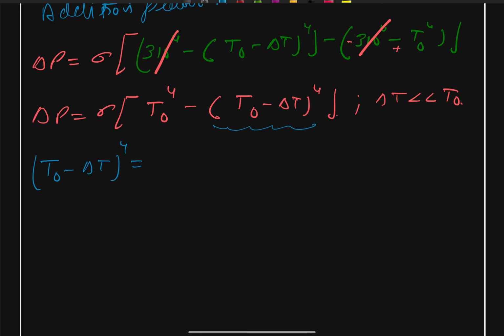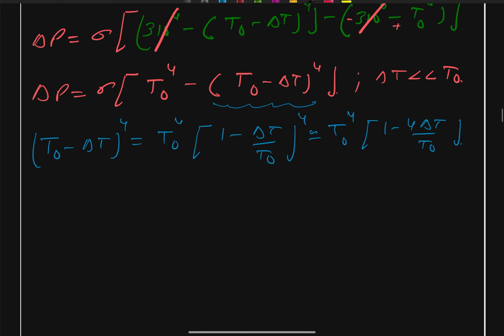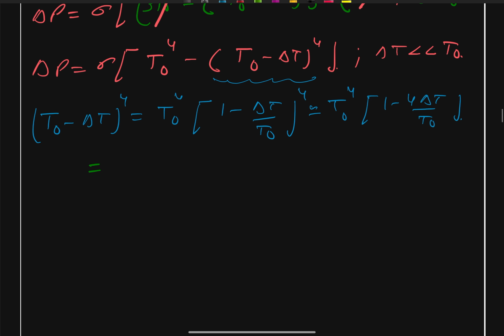So we get T naught 4 common times (1 minus delta T upon T naught) whole raised to power 4, and this can be approximately written as T naught 4 times (1 minus 4 delta T upon T naught). If you multiply T naught inside, we get T naught 4 minus 4 T naught 3 multiplied by delta T.